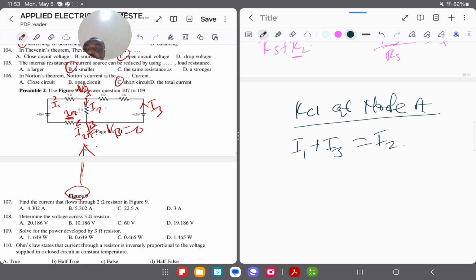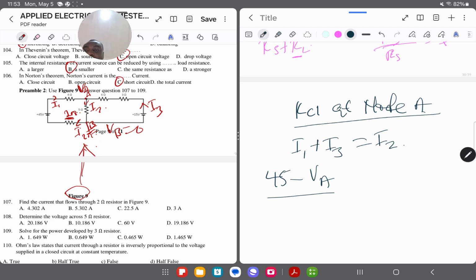Where the current originates is the high potential, where it arrives is the low potential. So I'll take 45 volts minus the voltage where it arrives at node A, VA, which is our reference node.